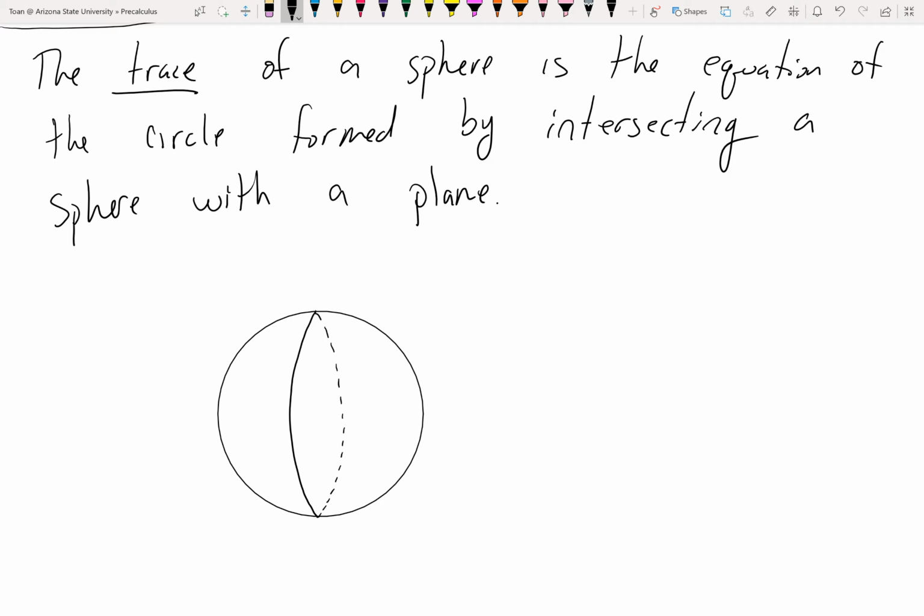If you were to cut this sphere anywhere, let's say I slice off the top, or I slice it at an angle, or if I were to slice it this way here. So imagine this was a scoop of ice cream, and you took a knife and just cut it horizontally, say this way. So this represents the horizontal cut.